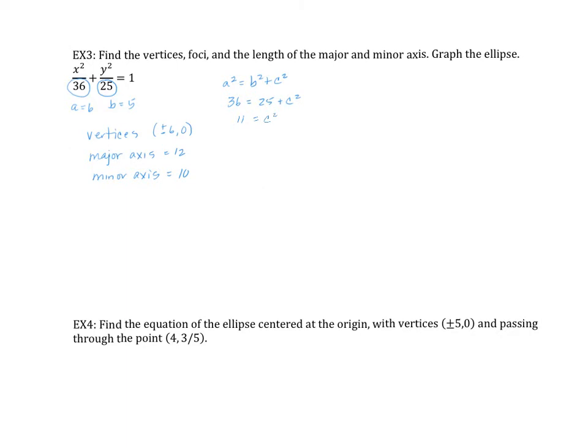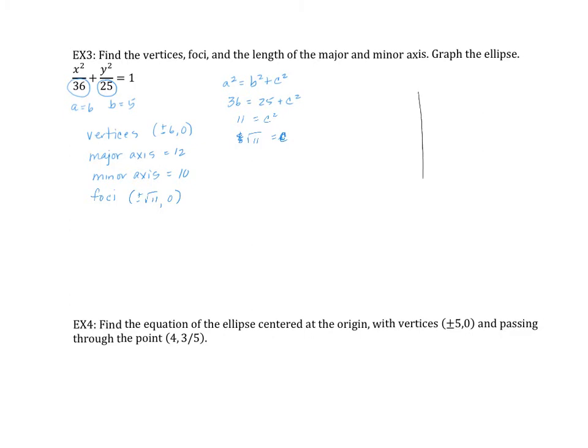If I was solving for c, it would be plus or minus square root of 11 is equal to c. But technically, we only look at the positive. So our c value is going to be the positive square root of 11. And our foci will be the points plus or minus square root 11 comma 0.